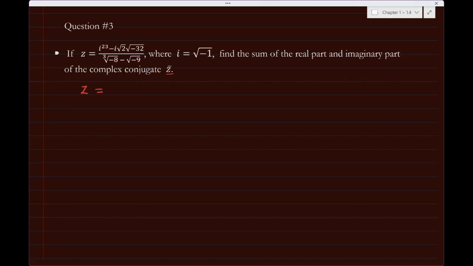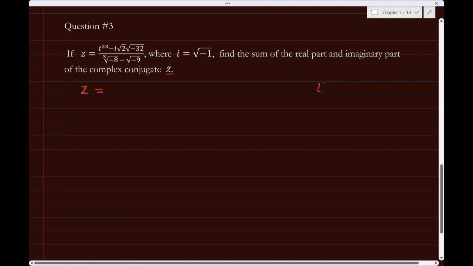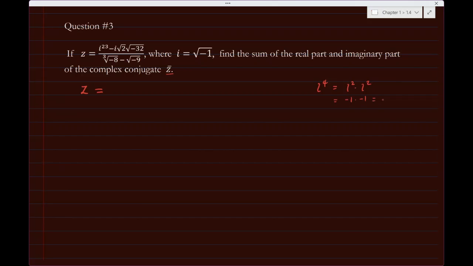This is i to power 23. But what do we know? We know that if you want to find i to power n for whatever integer, this is the same thing as i to power r, where r is the remainder when we divide n by 4. Because we know that i to power 4, which is i squared times i squared, is minus 1 times minus 1, which is always 1.